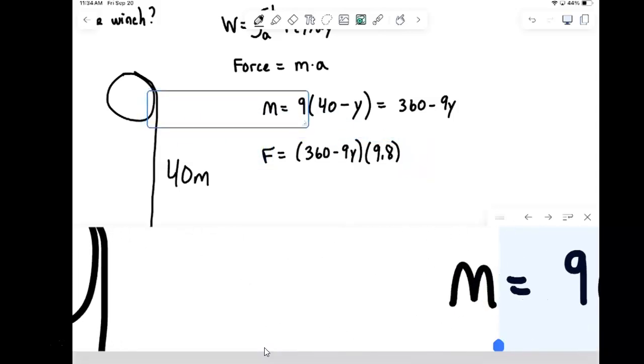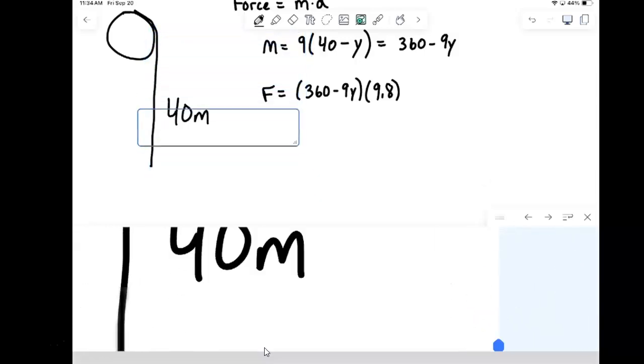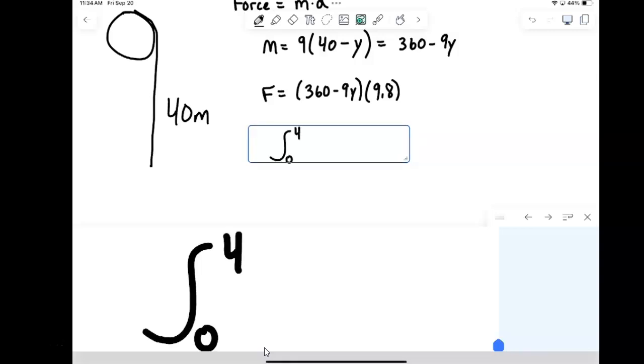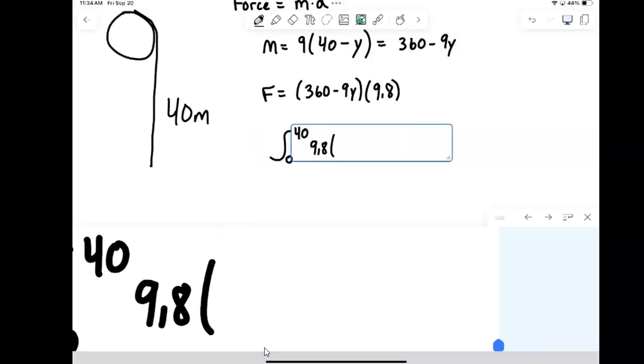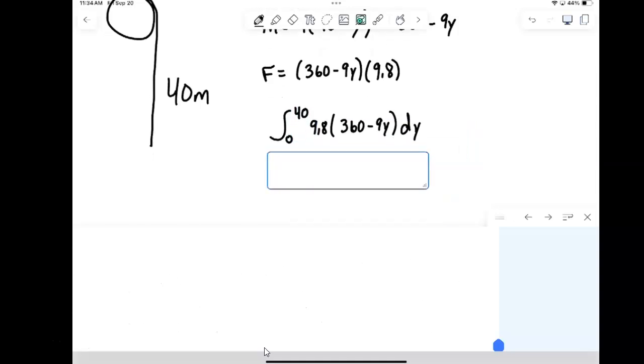And then we're lifting the chain from 0 meters of chain lifted all the way up to the whole thing, 40 meters. So our work would be the integral from 0 to 40 of 9.8 times 360 minus 9y dy. At this point, we're just going to use our technology to work this problem out.